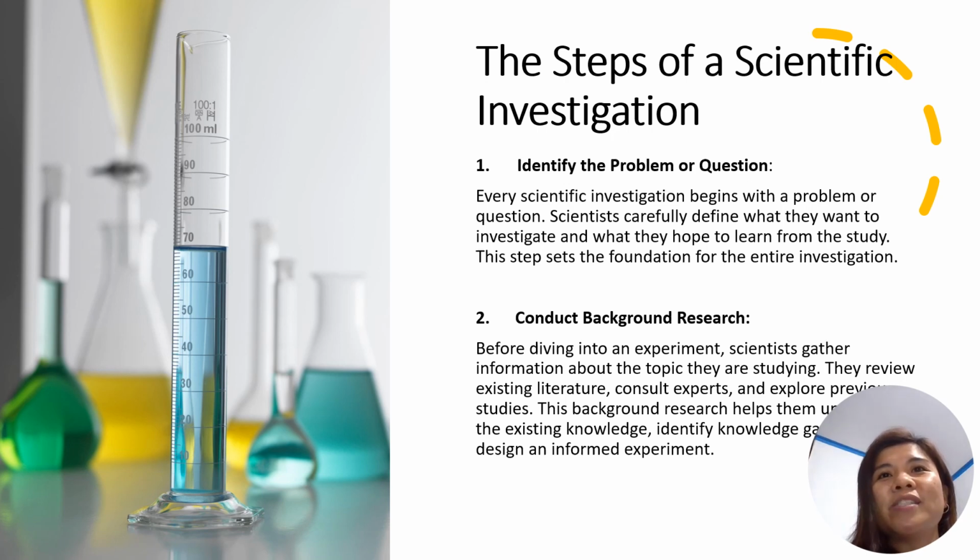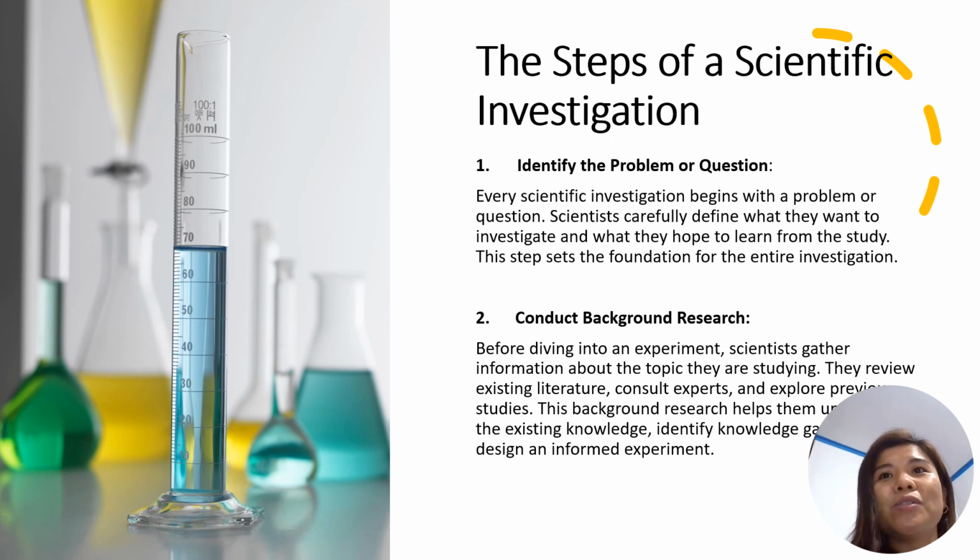Second step is conduct background research. Before diving into an experiment, scientists gather information about the topic they are studying. They review existing literature, consult experts, and explore previous studies.